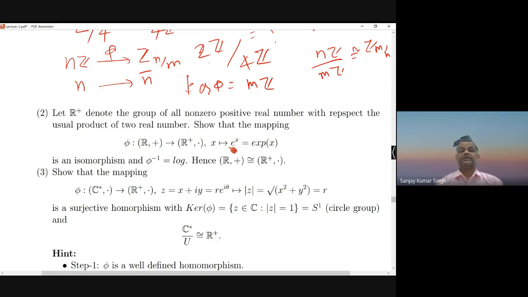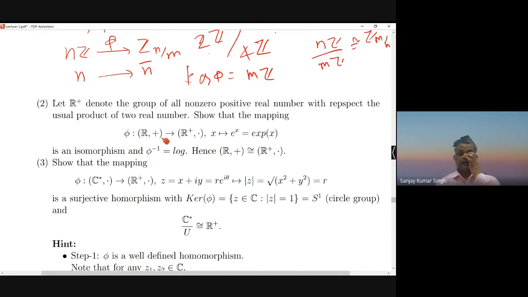We have observed that it is a group homomorphism, but now I am fixing the set of all positive numbers, so it means it is an onto map. And then by using the theorem, we can prove that this gives you an isomorphism because the kernel is 0. Why? Suppose some element x is in the kernel, it means e power x is 1. But e power x is 1 only if x is 0. So it means this map is actually one-one and hence it is an isomorphism.